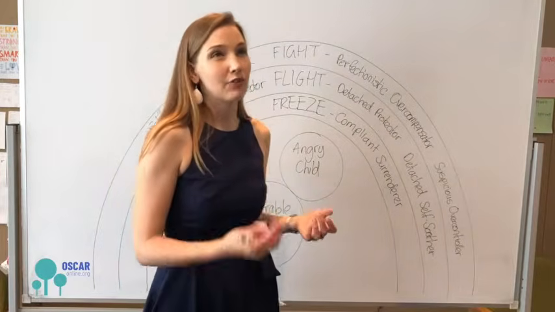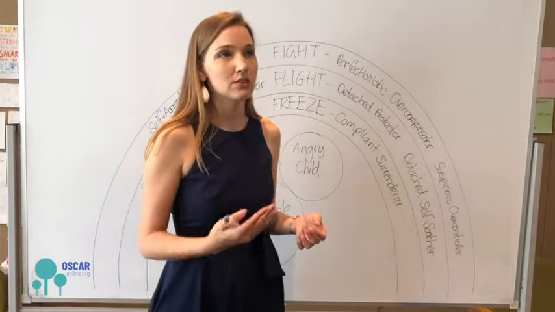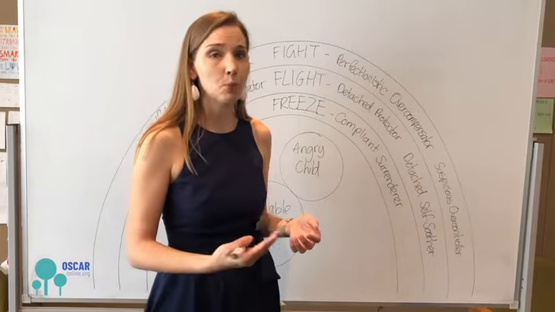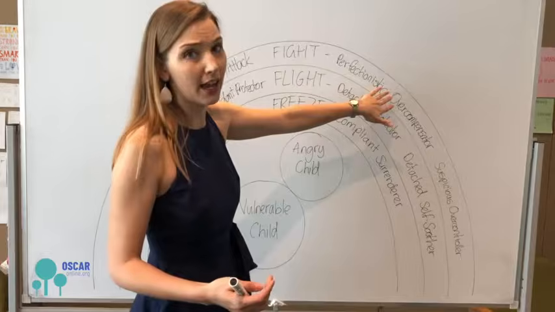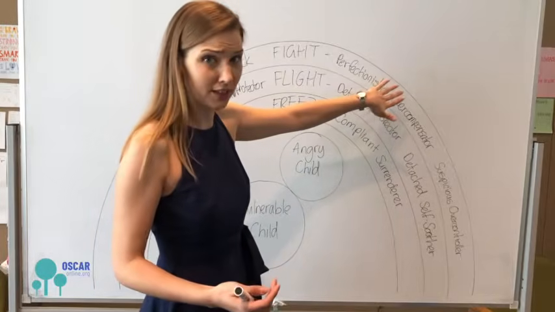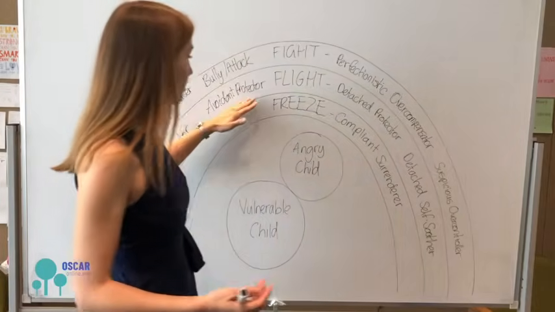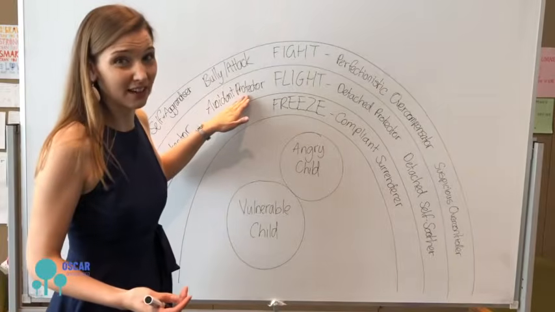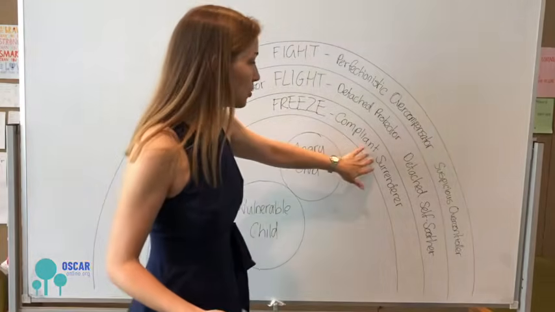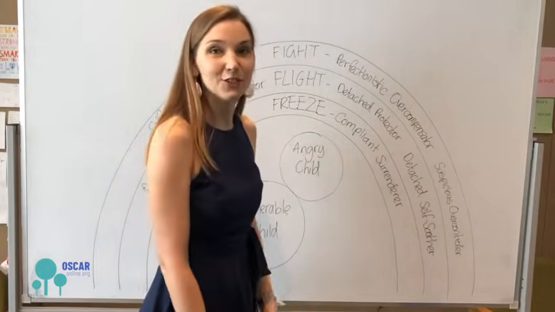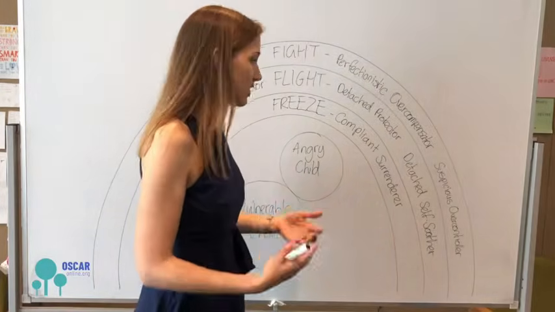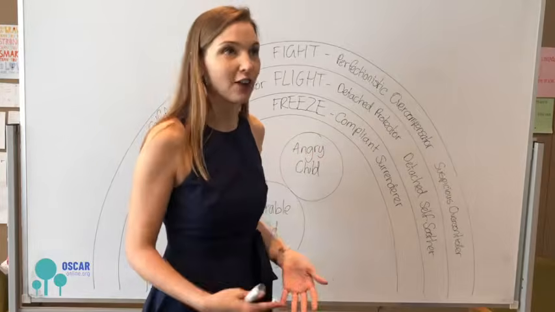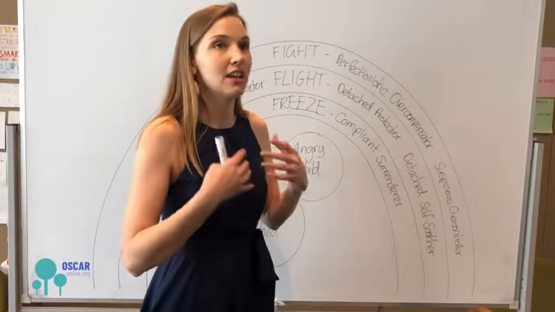If we're talking about it from a schema point of view, so if someone's got a schema of, say, failure, where the core belief is I fail at everything, this one's going to be going, no, I can't fail, I won't fail, I'll do everything perfectly so I don't fail. This one's going to be, I'm not even going to try because then I can't fail. This is more of a, yep, I just fail at stuff, that's just me, that always happens. So the compliant surrender really is kind of just that final line of defense of just giving up and giving in, okay?